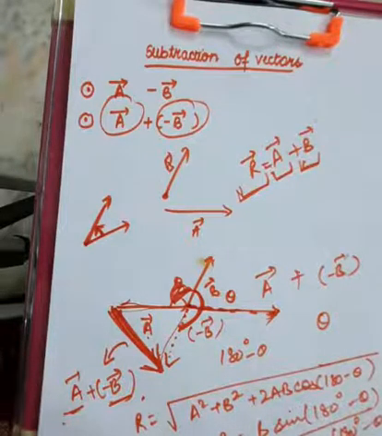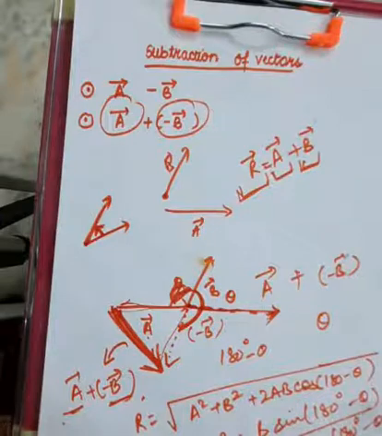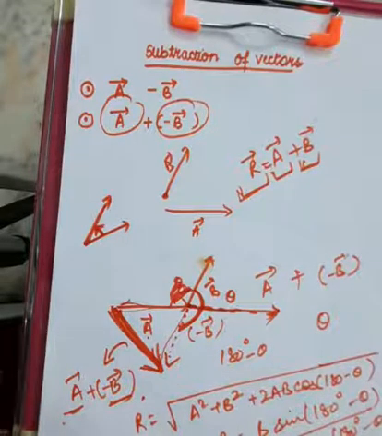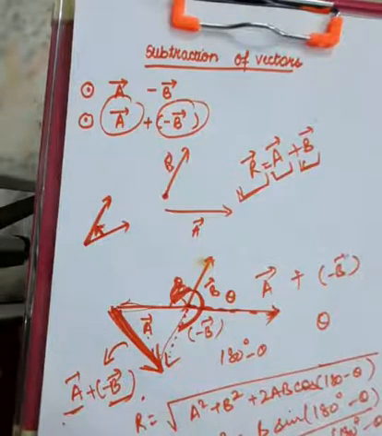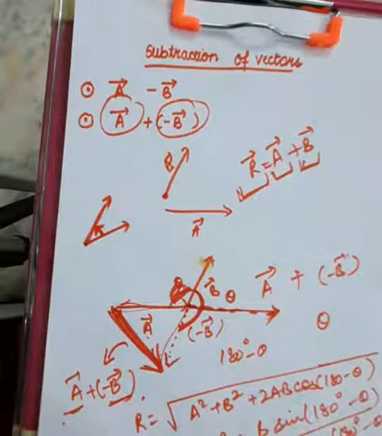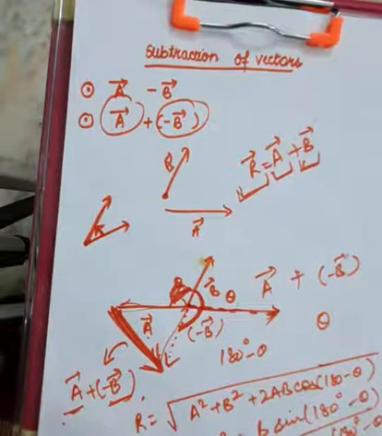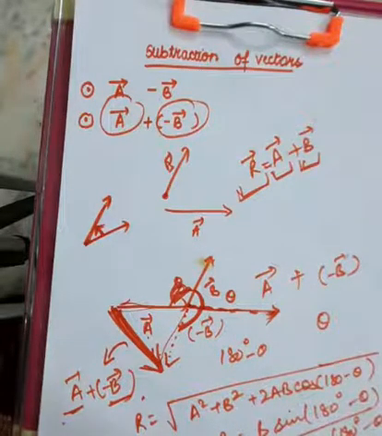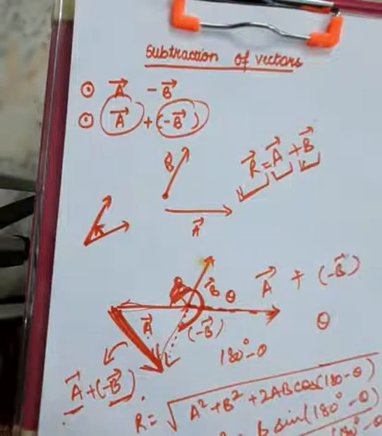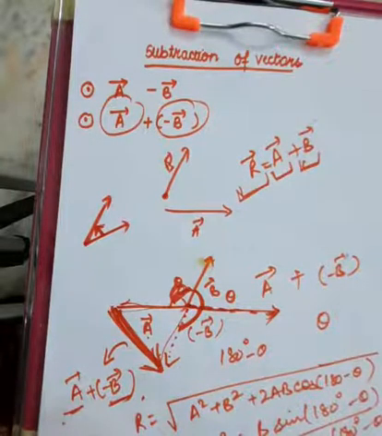You were looking for the resultant of A vector and B vector, right? And that's why we use the angle theta. But now we are finding out the resultant of A vector and minus B vector. So here I am going to use the angle 180 degree minus theta. So here the derivation goes like this. So this is subtraction of vectors.